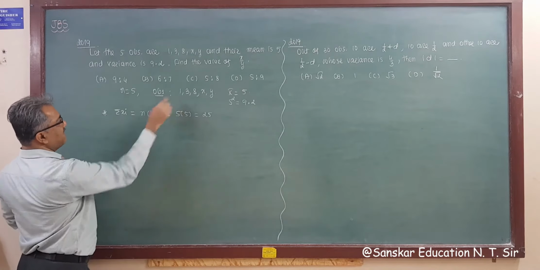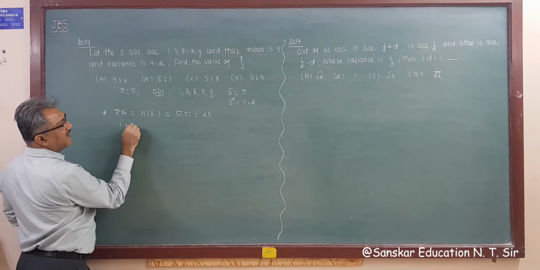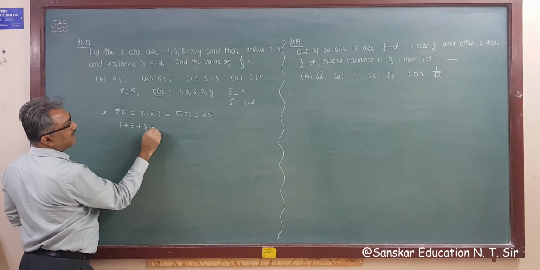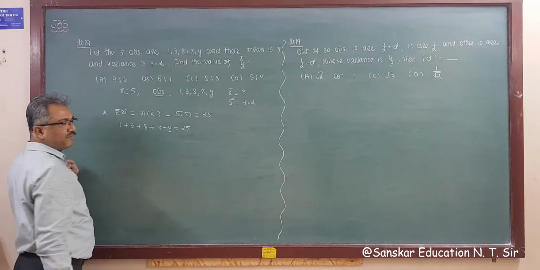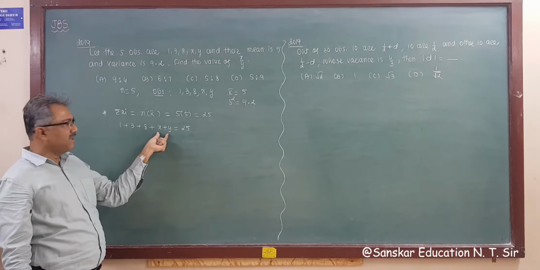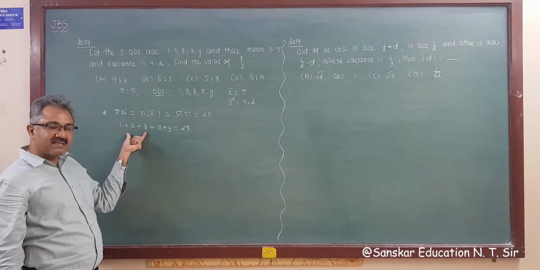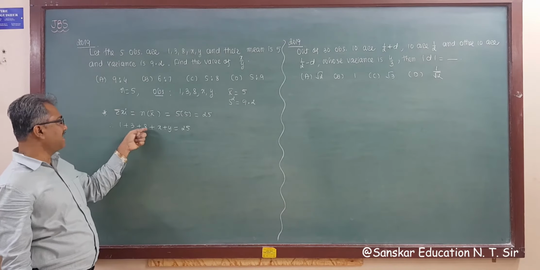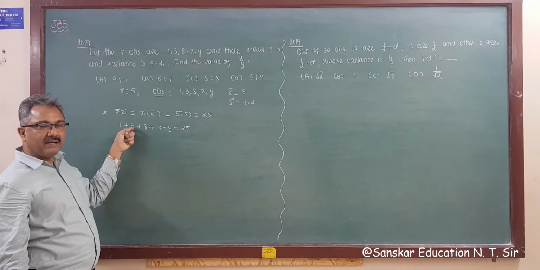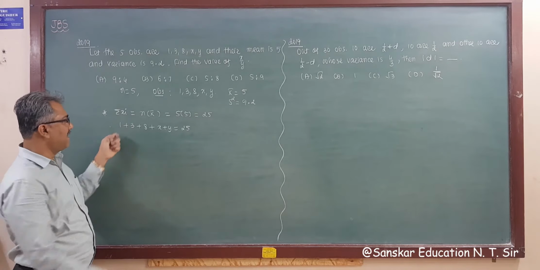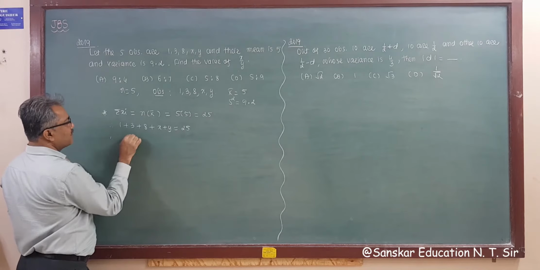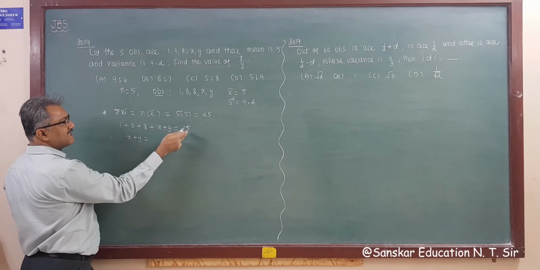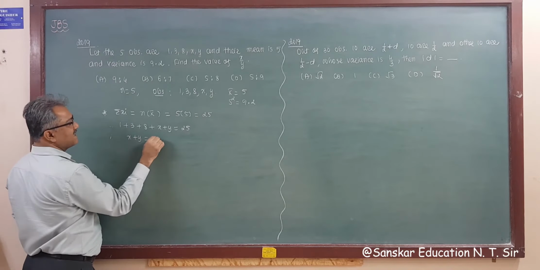So sigma xi means 1 plus 3 plus 8 plus x plus y is equal to 25, the sum of all observations. 8 plus 3 is 11, plus 1 is 12. So x plus y is 12 and this is 25, so we get x plus y is equal to 25 minus 12, that is 13.